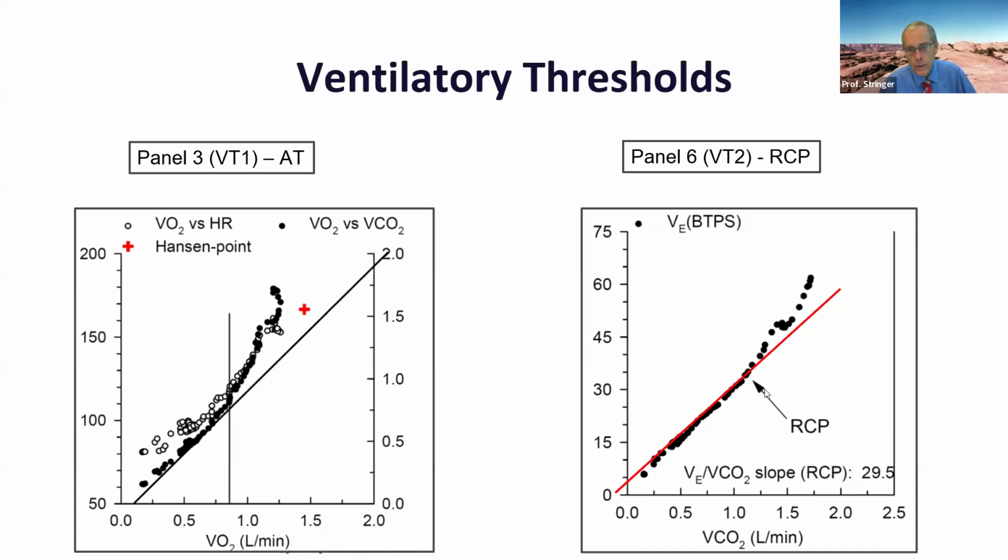Your VT2 is your respiratory compensation point. So you're going to put ventilation versus CO2 output here. CO2 output and ventilation are linear as you get up to a certain number, and then there's a more rapid ventilation increase relative to CO2 production. That's your respiratory compensation point. That's VT2. So I hope that makes sense.